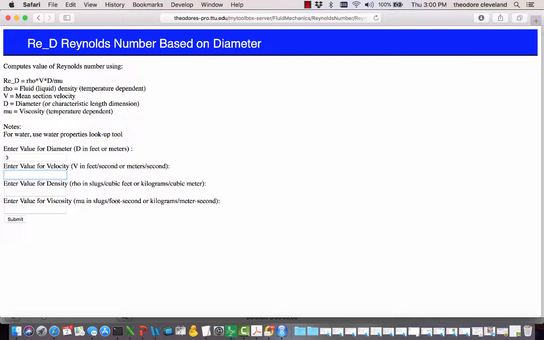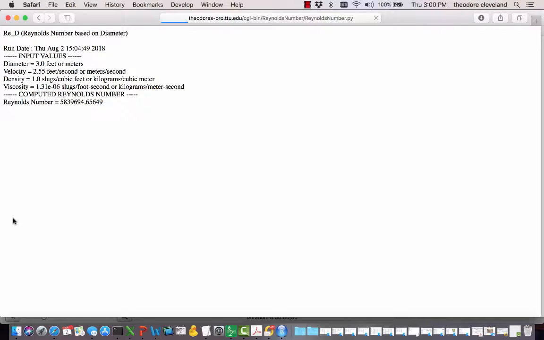That's the hydraulic radius times 4. The value of velocity is 2.55. I'll put a density of 1. I'll put a viscosity of 1.31 E minus 6. So that gives me kinematic viscosity. Hit that, I get a Reynolds number of 5.8 times 10 to the 6th power.